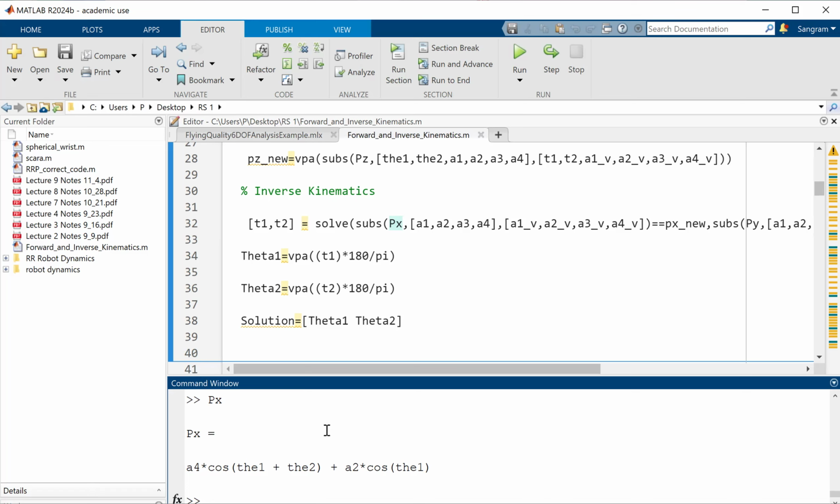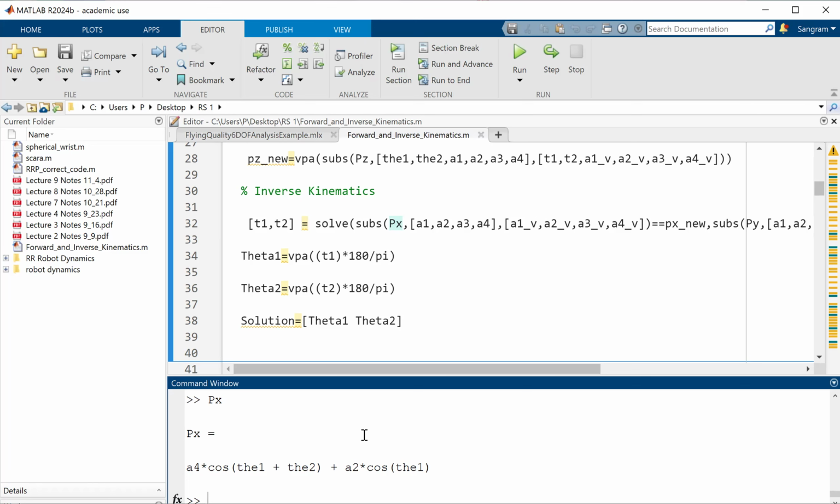A1B is a number. A2B is a number. A3B is a number. A4B is a number. So this equation would get written as maybe 100 A4 multiplied by this number plus 200 multiplied by this variable. That is equated to Px.